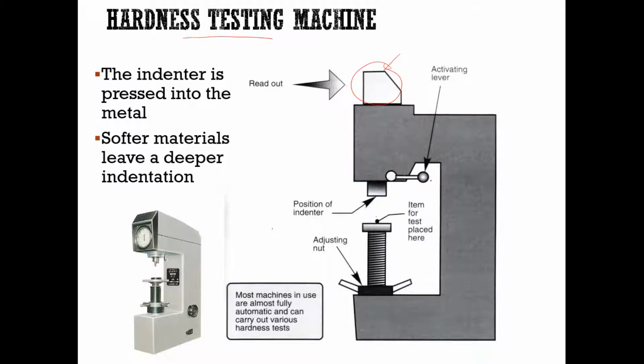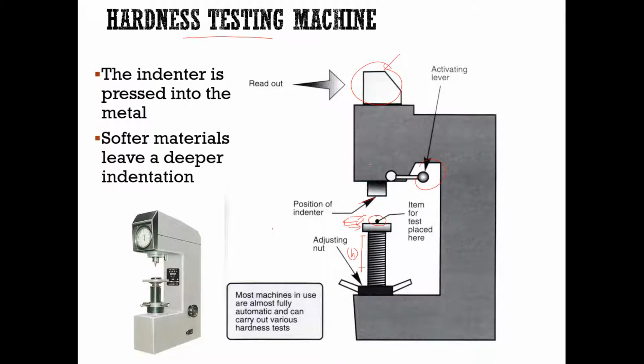Then you have the activator lever, and this is the position of your indenter, either diamond shape or sphere shape. This is your adjusting nut, with which you can adjust the height of the holder. This is your holder, and this is your specimen, for example something like a square.